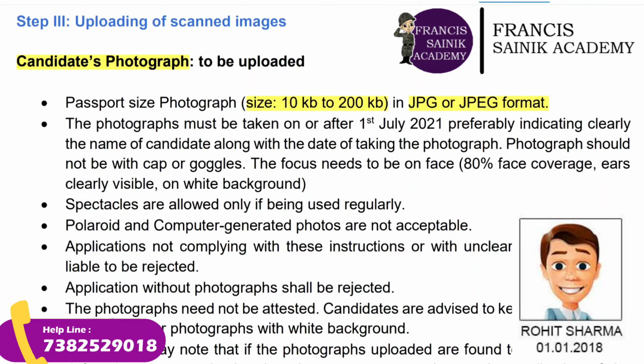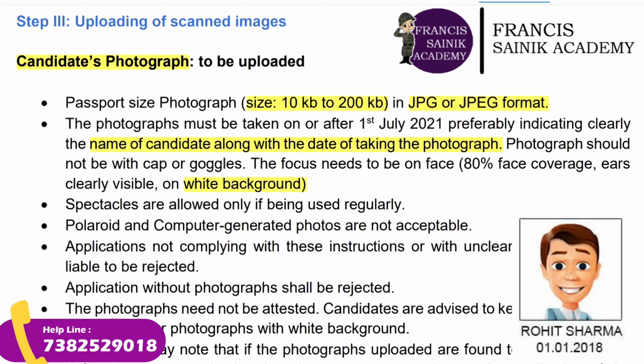The first point you have to remember is the photograph must be a color photo with white background. Remember carefully, it should be on a white background and it should be a colored photo. And on the photo, you have to mention the name of the candidate along with the date when the photograph is taken.